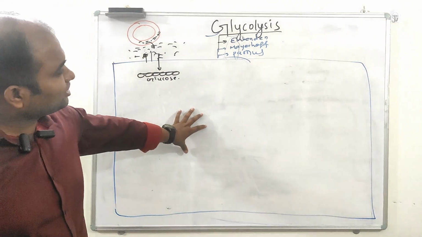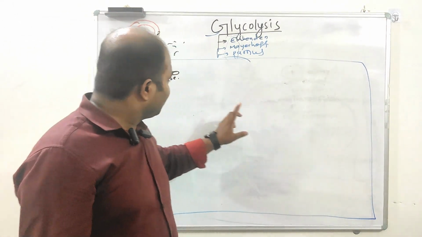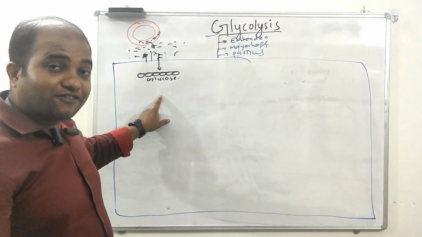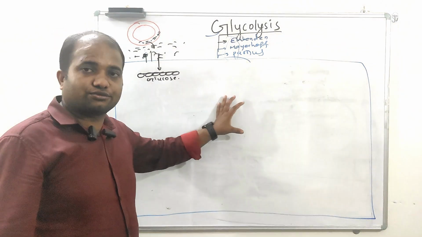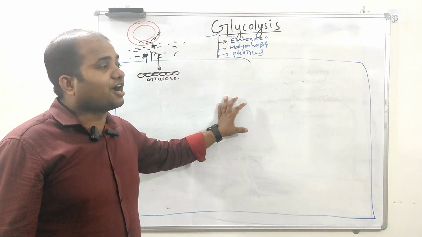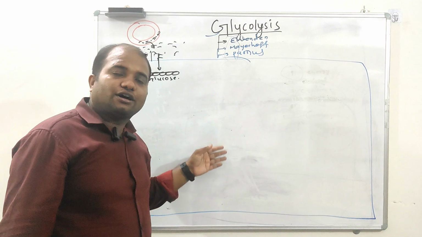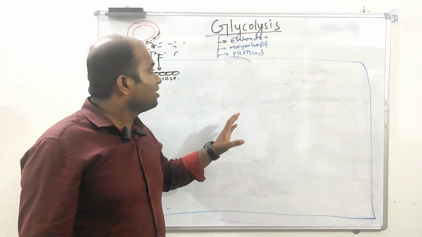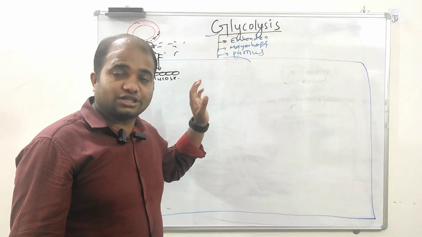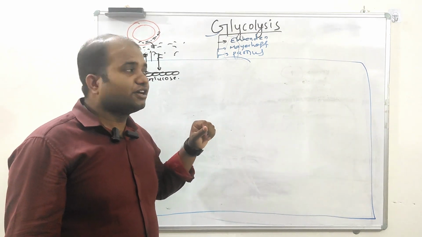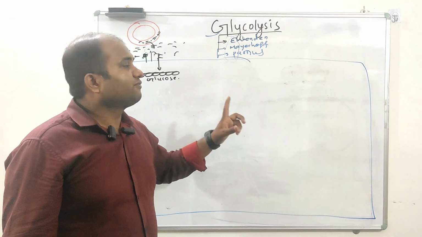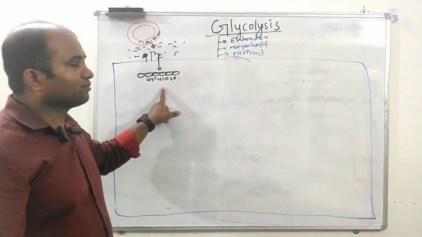So first the cell will trap the glucose, and after that the cell will decide which metabolic pathway the glucose should go to. Either glycolysis, or gluconeogenesis, or glycogenesis, or the uronic acid pathway. Whatever the metabolic pathway is, first the cell should trap this glucose.